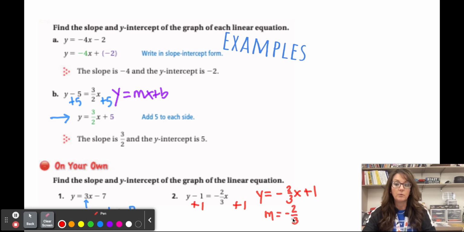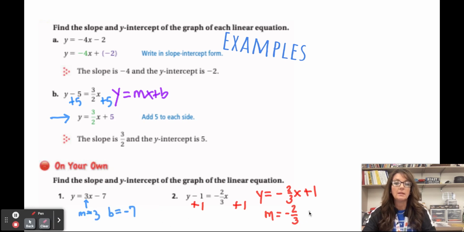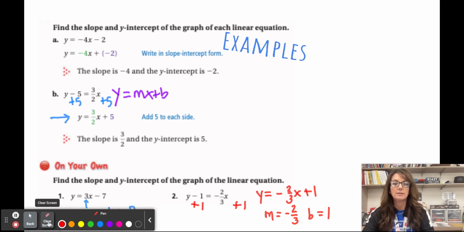So when it's in fraction form, it's real easy to see the rise over the run. And then you have your y-intercept equal to 1. When we see a number like m is equal to 3, the slope of 3, remember we can put 3 over 1. That's our rise over run. Okay, and I'm going to clear this if you're ready to move on.